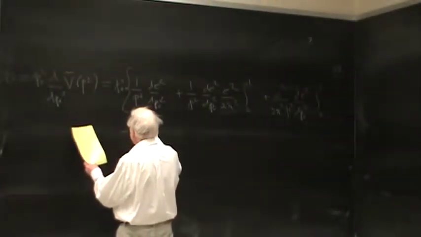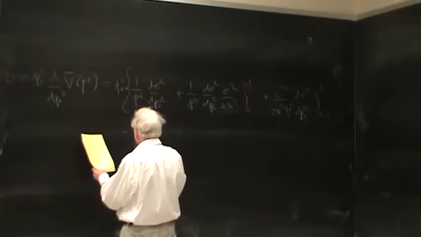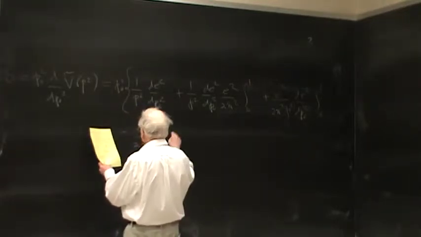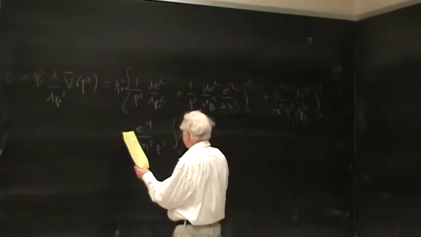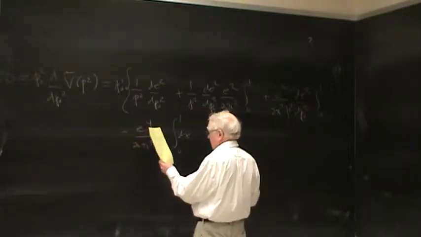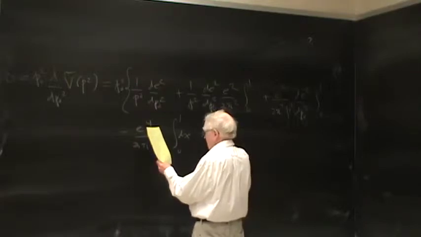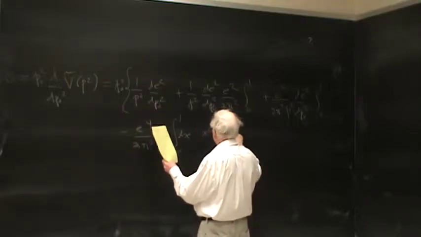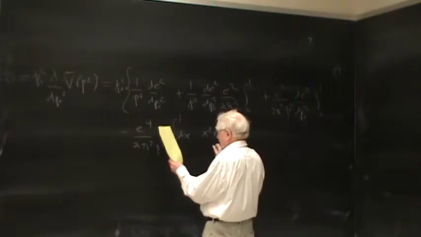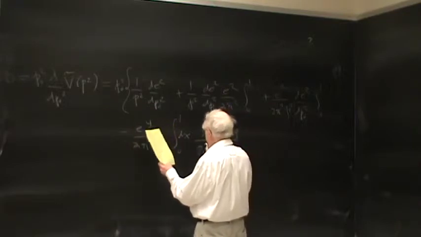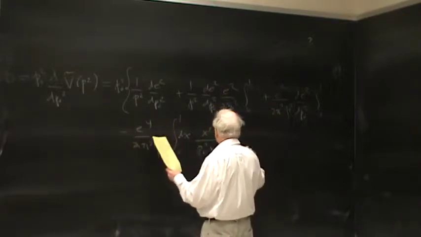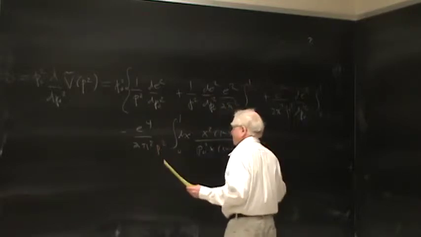So doing that, what we get is minus e to the 4th over 2 pi squared p squared, integral 0 to 1 dx, x squared 1 minus x squared over p0 squared x 1 minus x minus m squared.